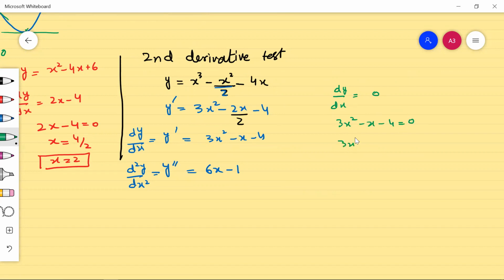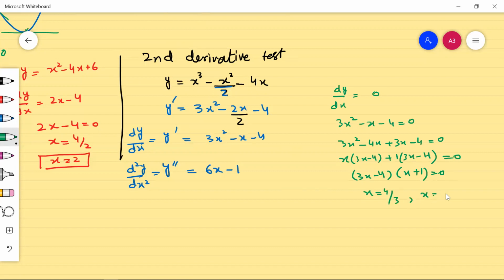So 3x² - 4x + 3x - 4 = 0, and x(3x - 4) + 1(3x - 4) = 0, and (3x - 4)(x + 1) = 0, and x = 4/3 and x = -1. Here we have 2 points that are called stationary points.